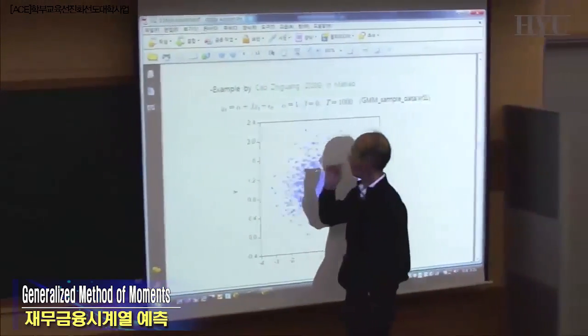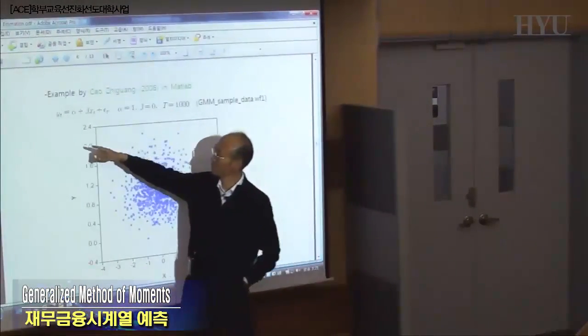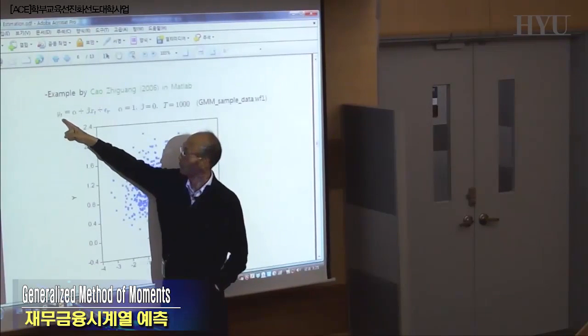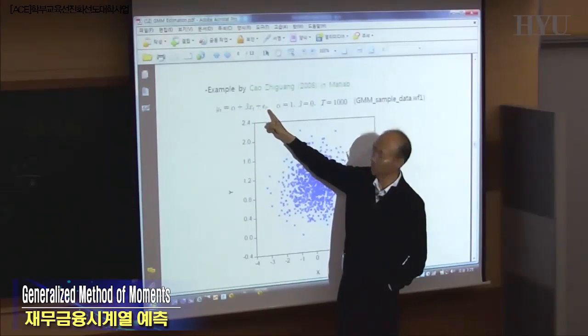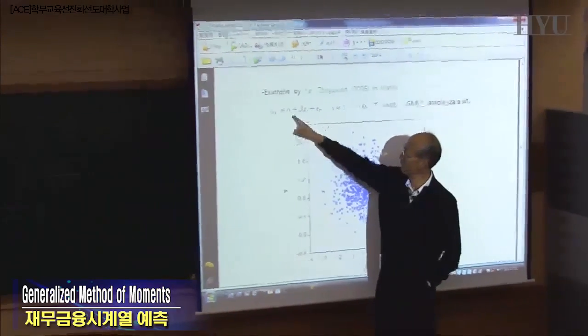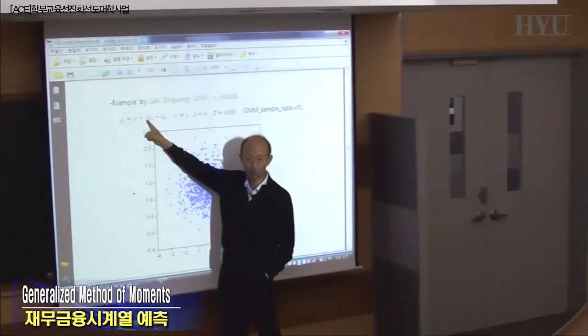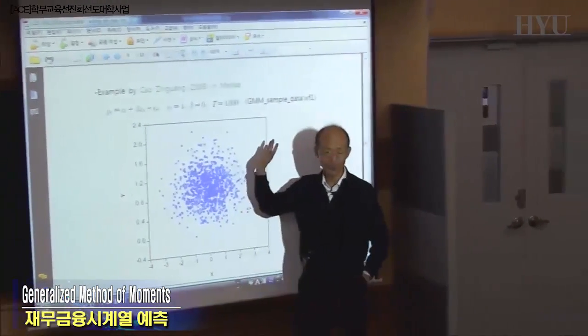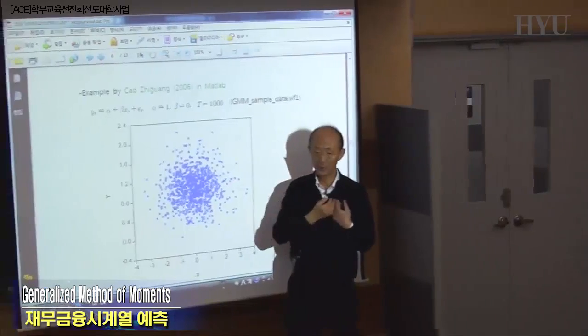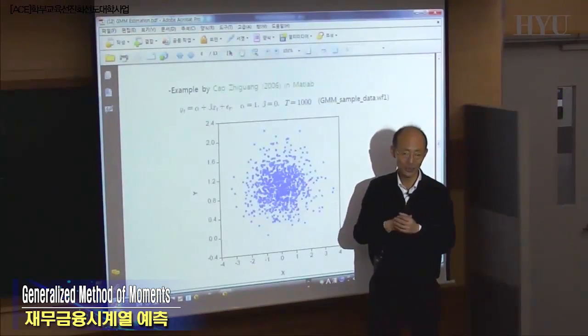His sample program generates y given x and epsilon, setting alpha equal to 1 and beta equal to 1, and generates some numbers and applies GMM estimation and calculates standard deviation.